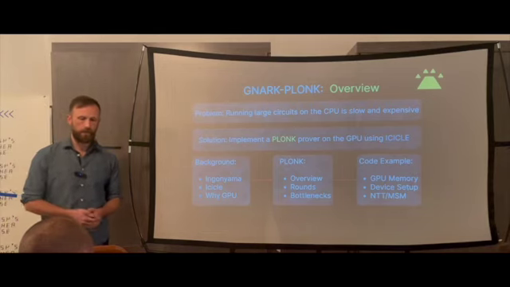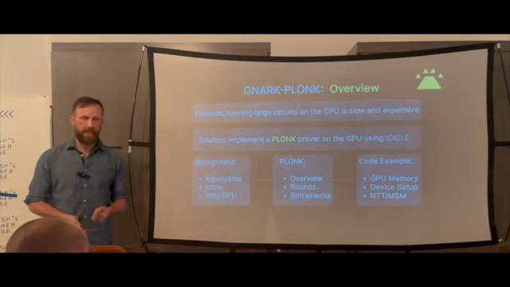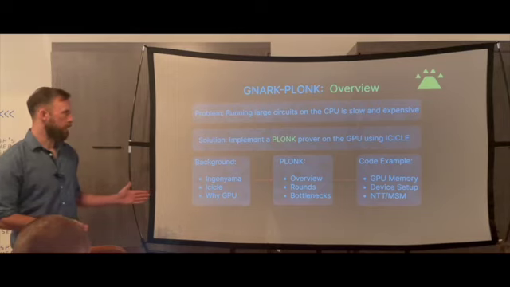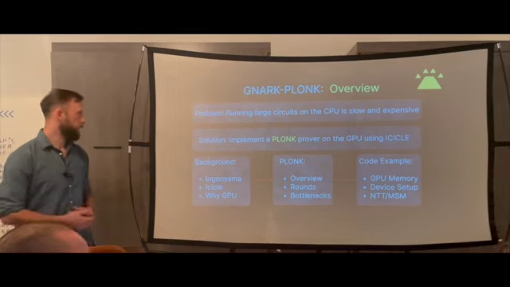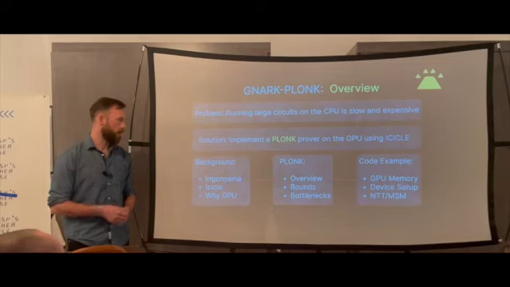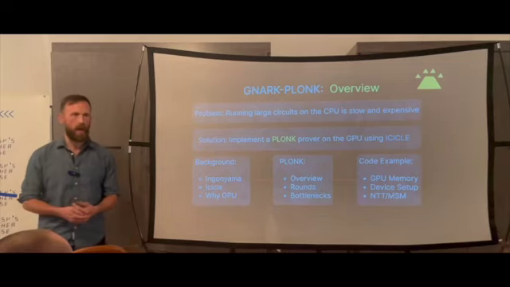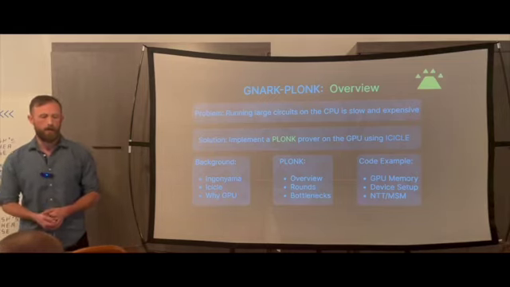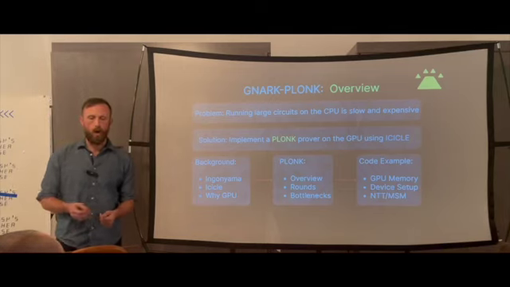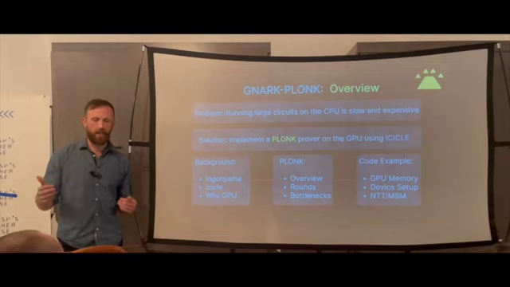called Icicle. For this presentation, we're going to go in 3 steps. First, we're going to give you a quick background on Ingonyama, Icicle, and why using the GPU makes sense. Then we'll do a quick overview of the actual Plonk protocol. We'll go through what it looks like at a high level.